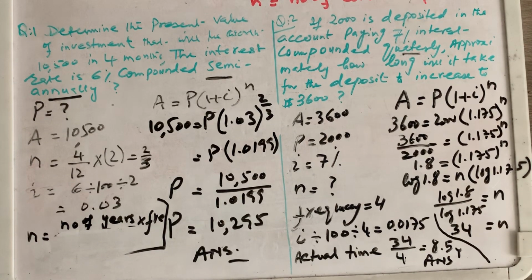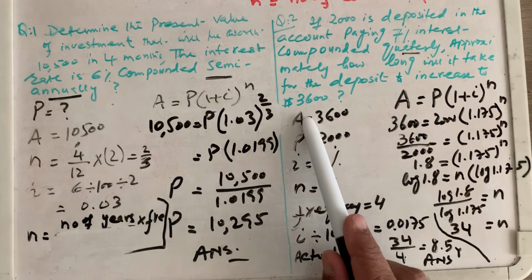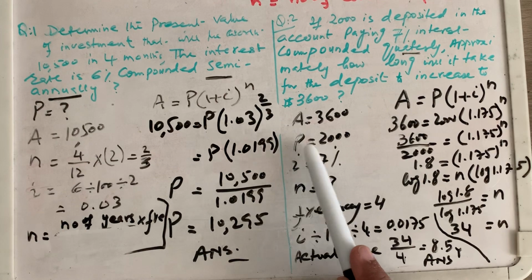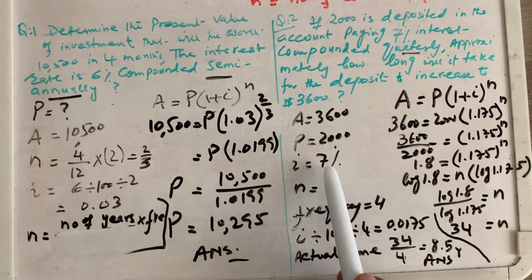So 3600 is my amount, the future value, which is A. P is my initial investment, the original principal amount, which is 2000, and it has been deposited at 7% interest compounded quarterly. So A and P are clear and straightforward. So we substitute the values of A and P. Then my percent or interest rate is 7%.